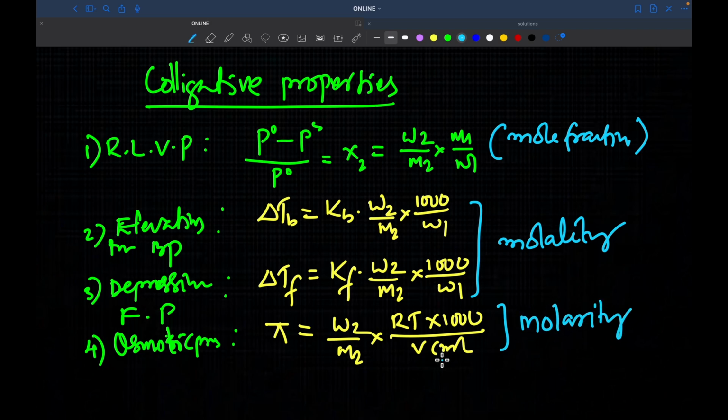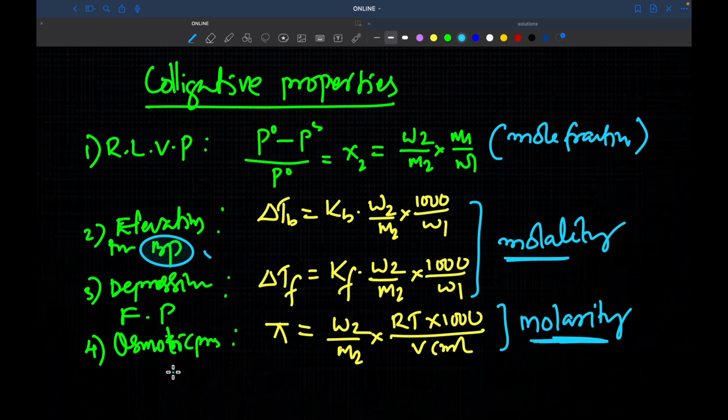Why is it so? You can't use molarity for elevation in boiling point because it is observed by heating a solution. If you heat the solution, molarity changes with temperature. Molarity is temperature dependent, so we use molality in elevation as well as in depression.